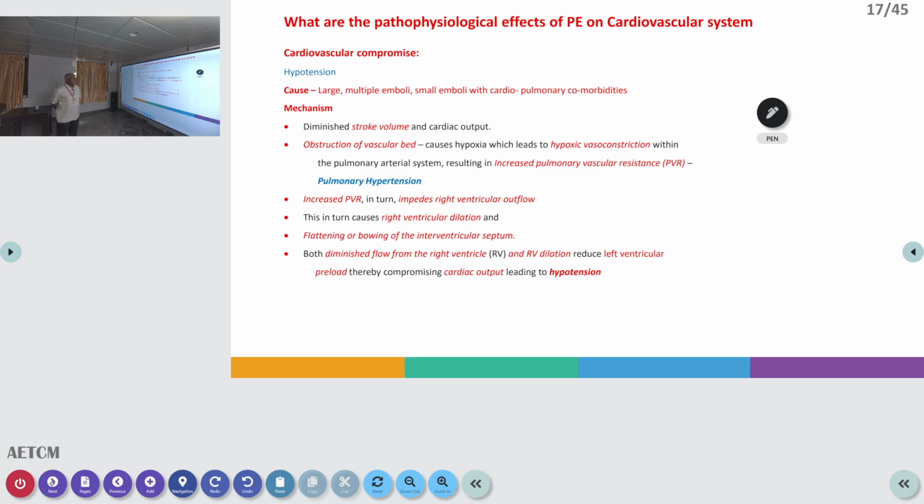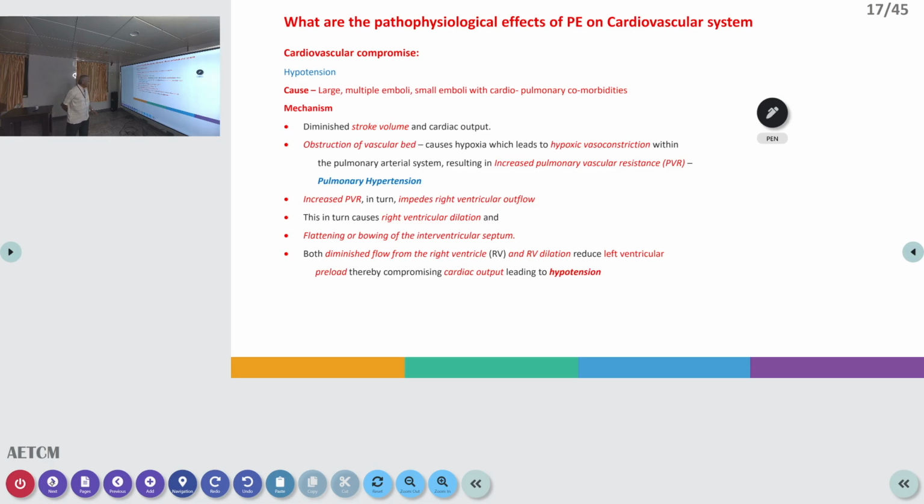So on the cardiovascular system, hypotension is the most important compromise. This is caused by large multiple emboli or small emboli with cardiopulmonary comorbidities. The mechanism is diminished stroke volume and cardiac output. Other factors, these are the pathophysiological mechanisms.